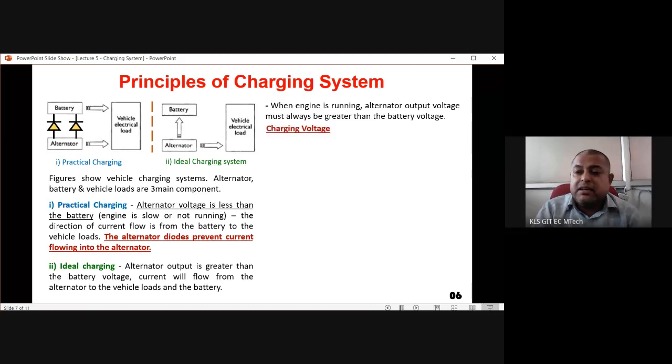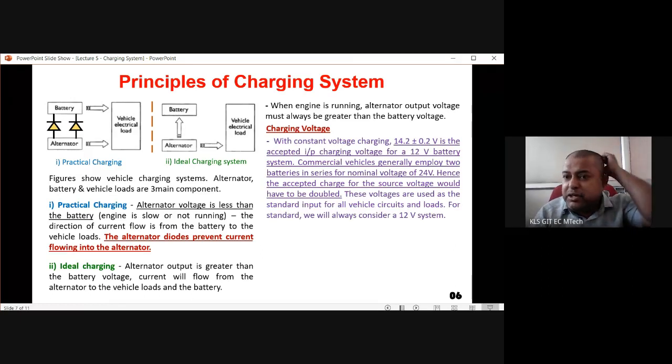Now there's a concept of charging voltage. Let us have a very important detail about charging voltage. I already told you, but I'll bring it to you officially. So when constant voltage charging is there, it is 14.2 plus or minus 0.2, so the range is from 14 to 14.4.